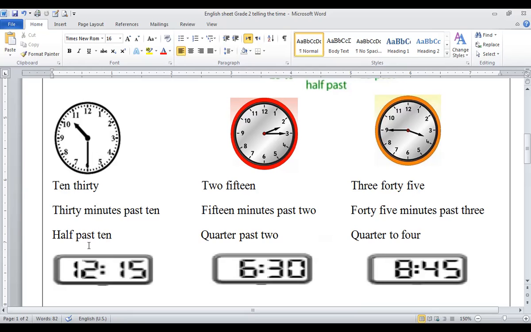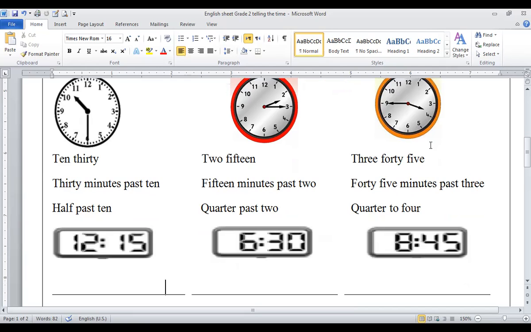These are 3 ways. And here you can say 2 and 15, or 15 minutes past 2, or quarter past 2. Next, if 45, you say 3:45, or 45 minutes past 3, or quarter to 4. Quarter means 15 minutes. After 15 minutes, the time will be 4 o'clock.